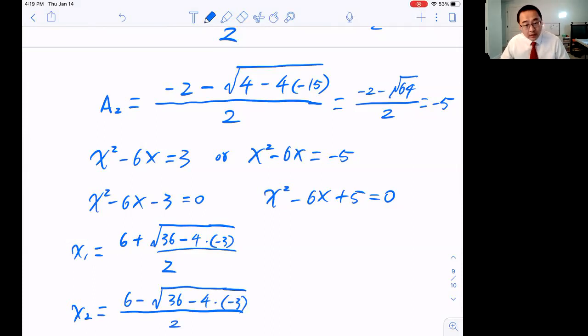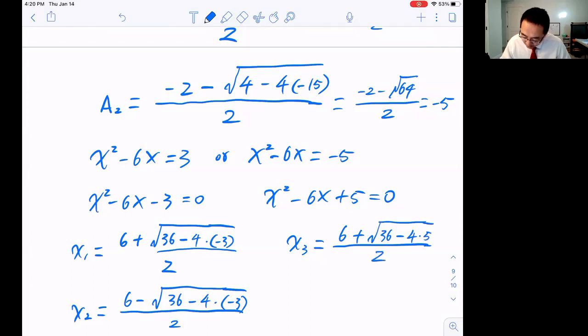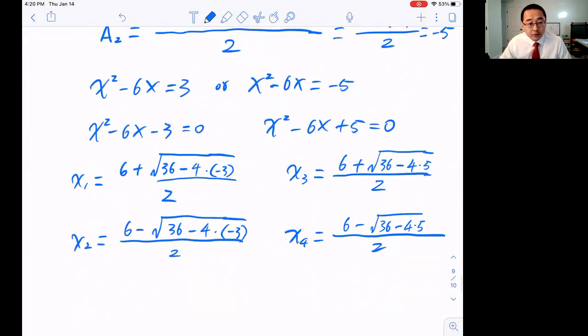But that's not over, because here we also have x3 equals 6 plus the square root of 36 minus 4 times 1 times 5, divided by 2. Then x4 equals 6 minus the square root of 36 minus 4 times 5, divided by 2, right? Everybody with me so far? Any questions how we got here?